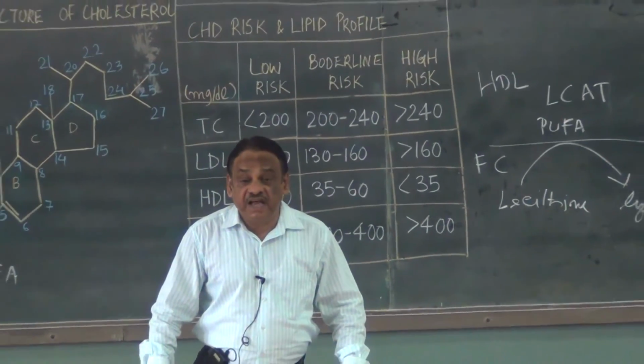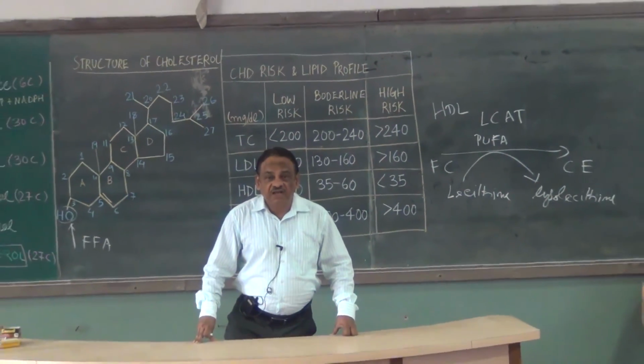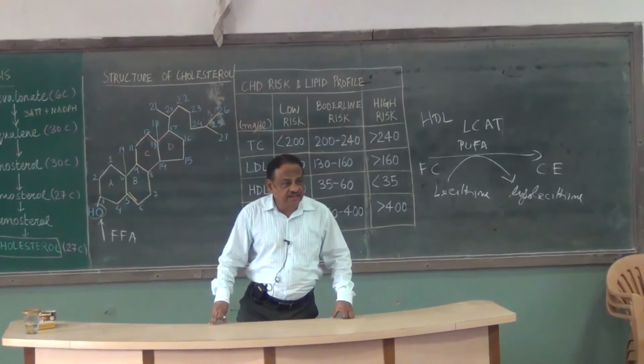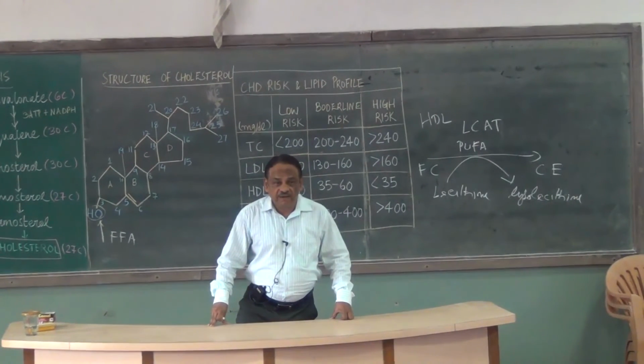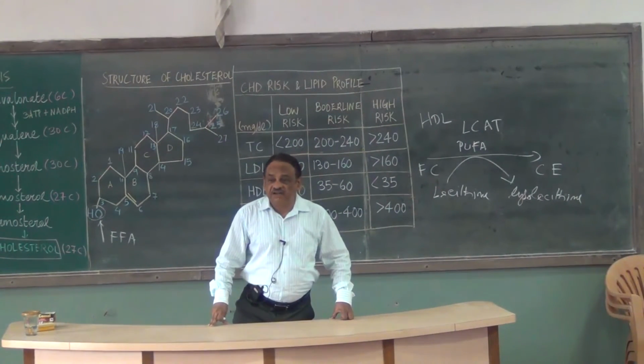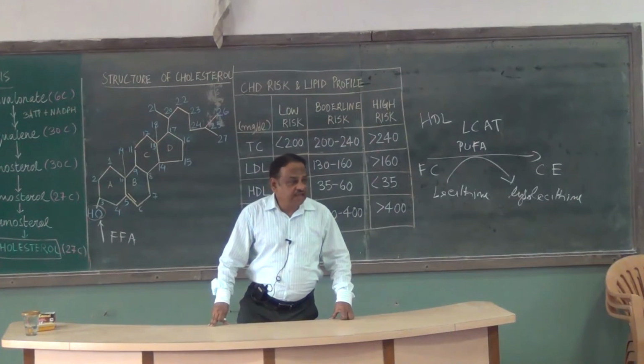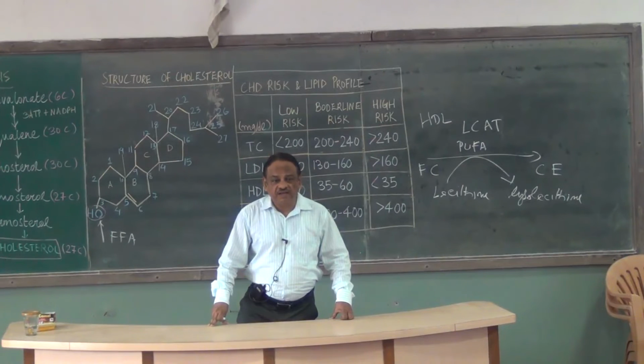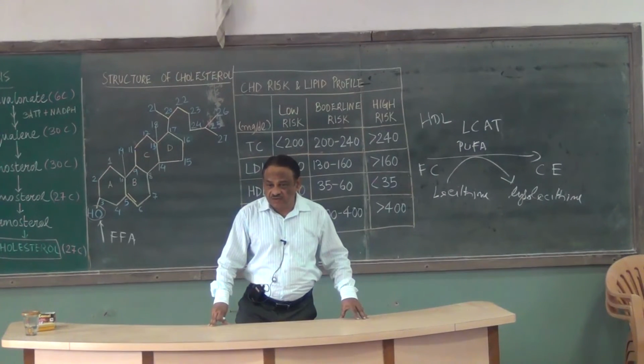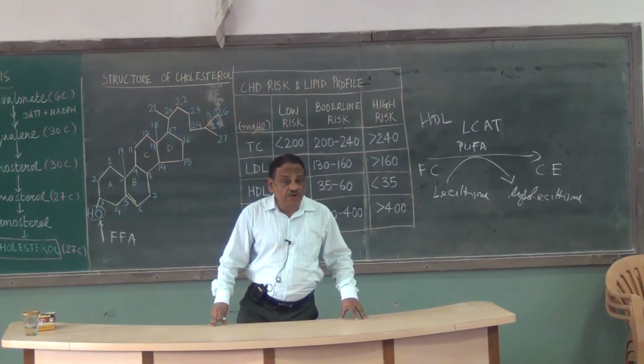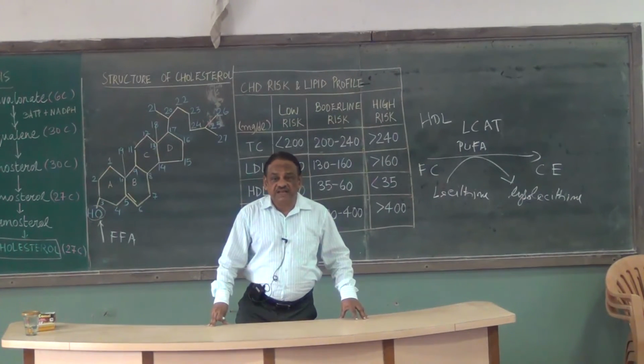So a patient having high cholesterol should not take eggs, because egg yolk, the yellow of the egg, contains large amounts of cholesterol. So eggs will have to be avoided. Non-vegetarian food, known as red meat, also contains more cholesterol.